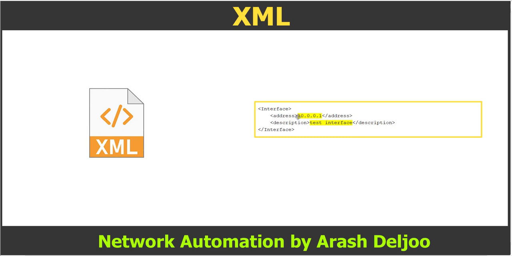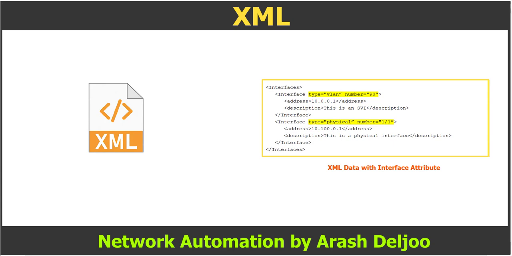Here you can see address 10.0.0.1, and this finishes the address, and then the description is "test interface", and this finishes the description, and here it finishes the interface. In XML, spacing is not important because the parser is guided by the tags.